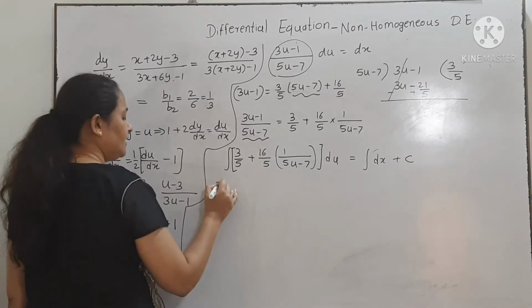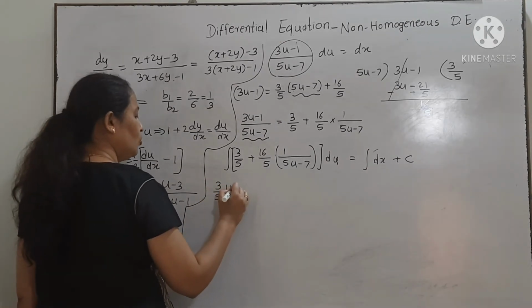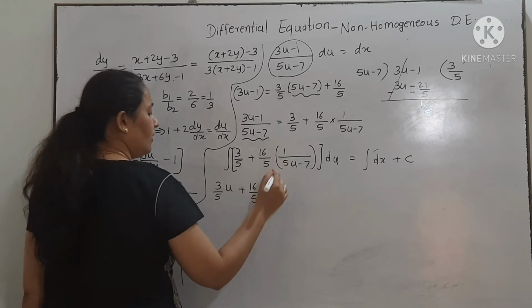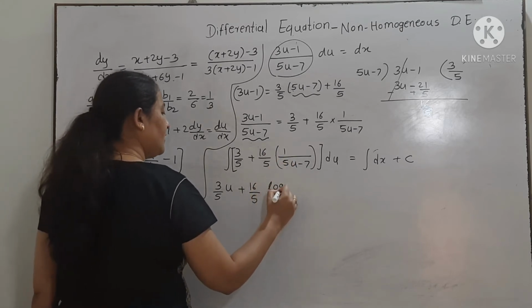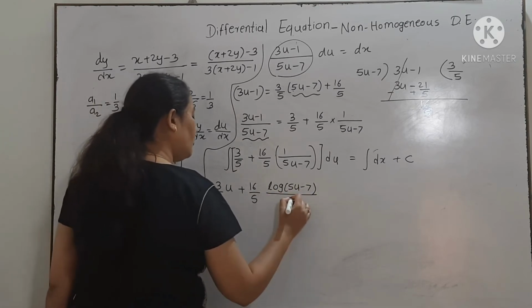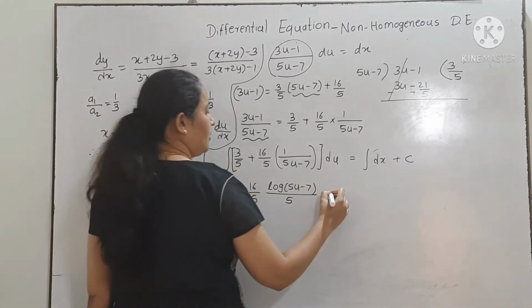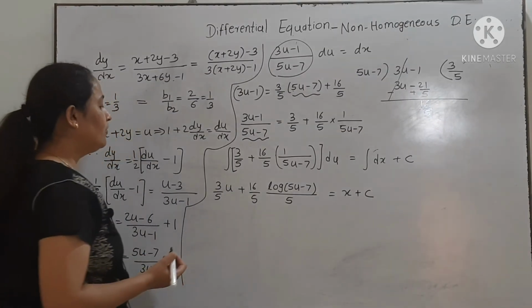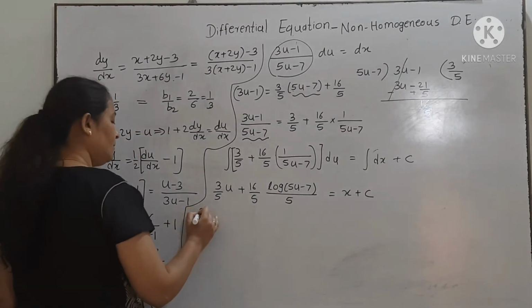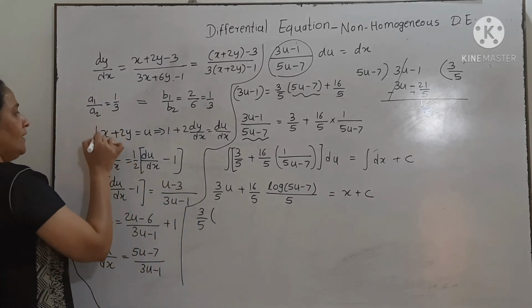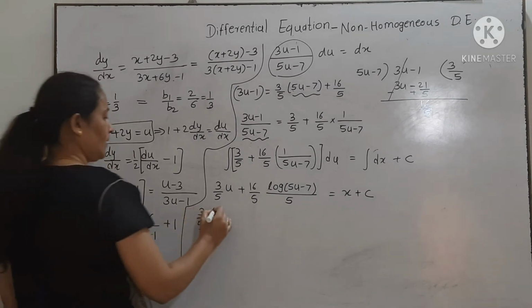Now if I integrate this, it is 3 by 5 u plus 16 by 5 into the integral of 1 upon 5u minus 7, which is log of 5u minus 7 upon 5, equal to x plus c. Now in this we'll substitute the value of u. u is our substitution, that is x plus 2y.